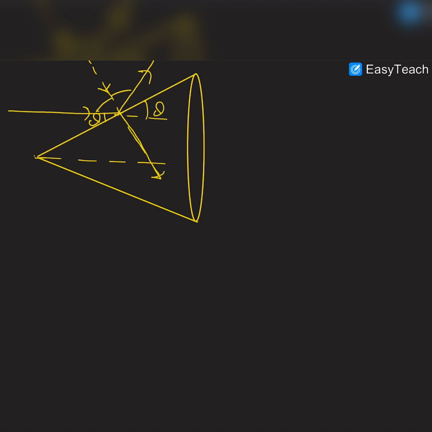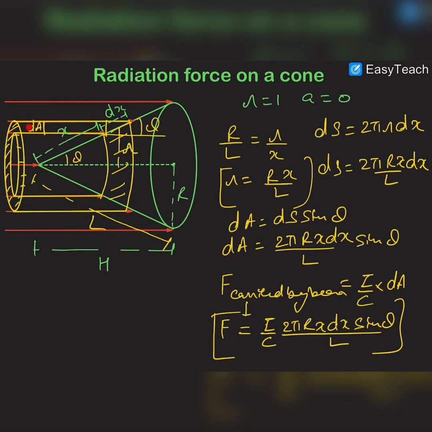So the force acting on this cone is in this direction dF, and dF will be equal to the component of this force. This force is F in this direction, so F cos theta.